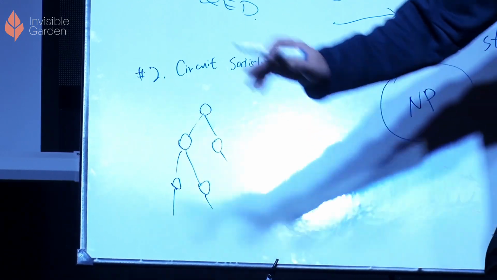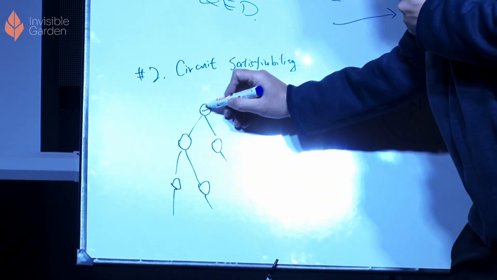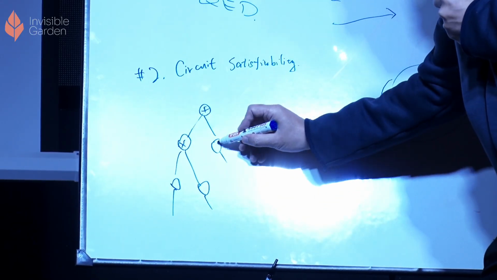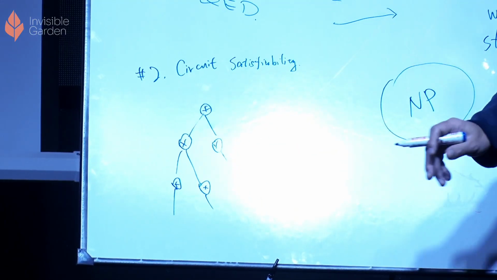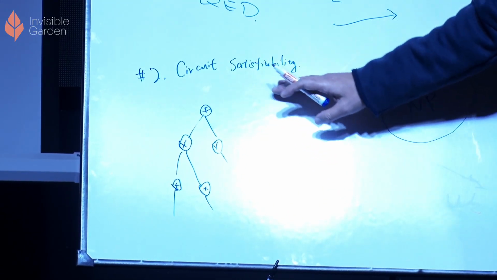Remember that we have two types of gate, addition or multiplication. So what exactly is the problem of circuit satisfiability?